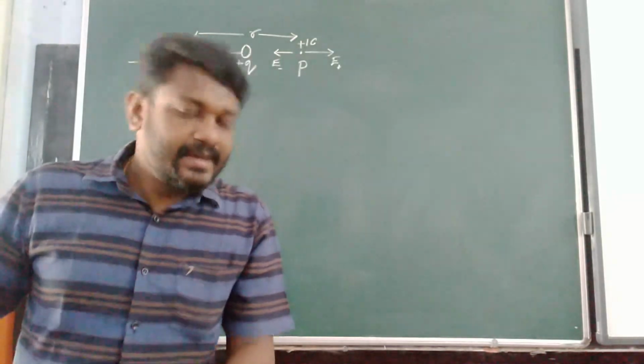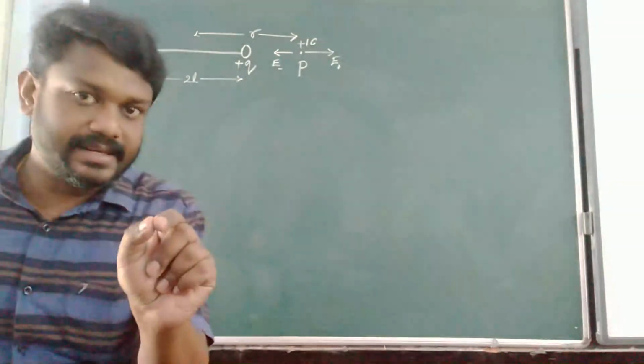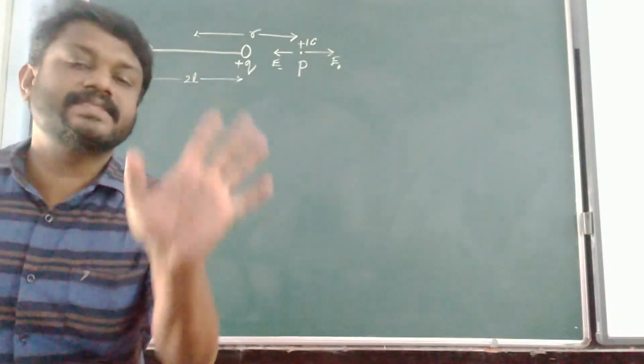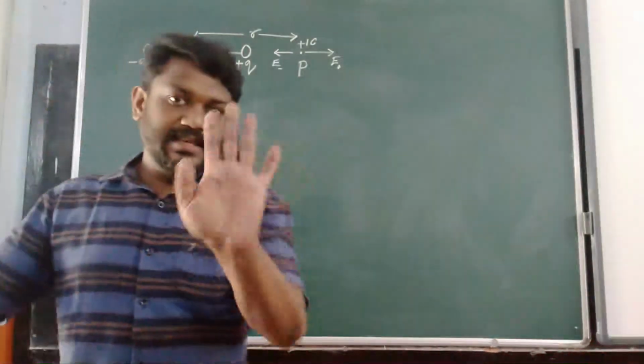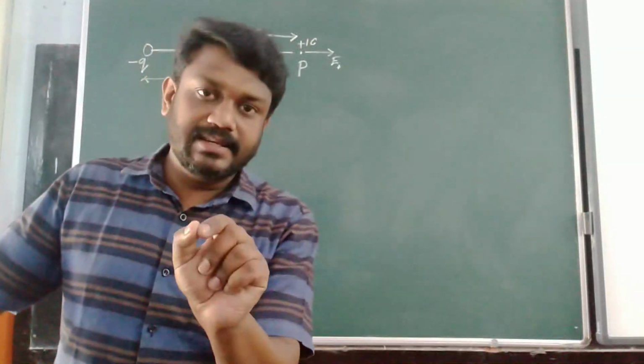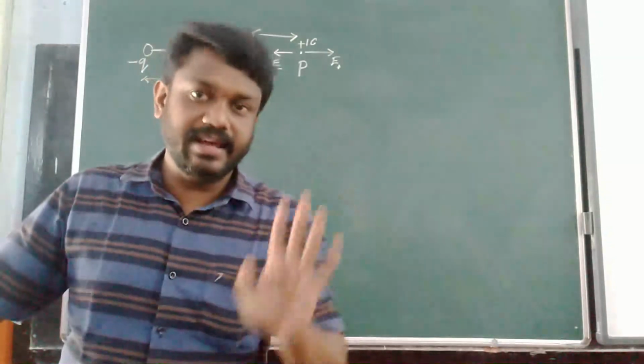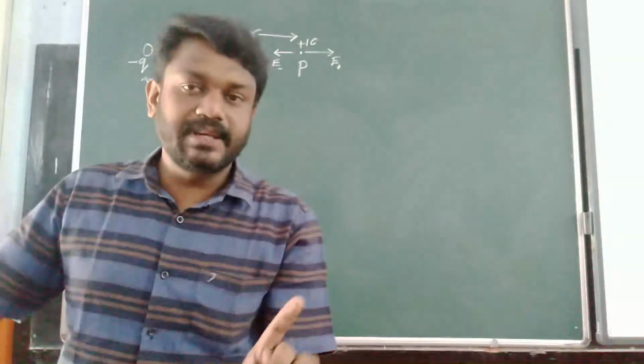So we have to find separately the electric field intensity produced by the plus q charge, that is E plus, and the electric field intensity produced by the minus q charge, that is E minus. I am denoting them as E plus and E minus respectively.